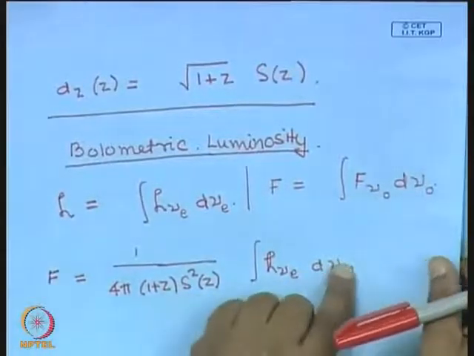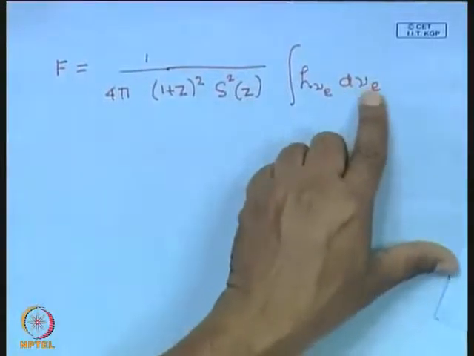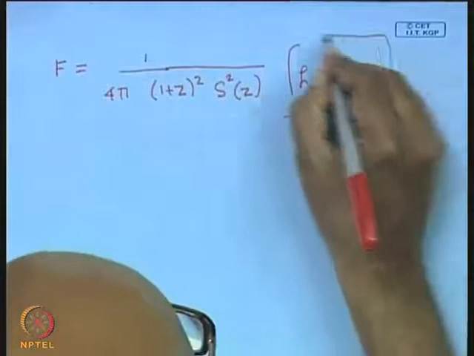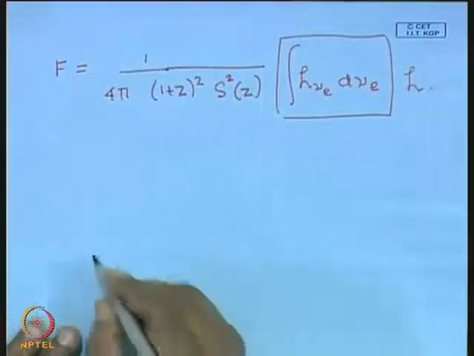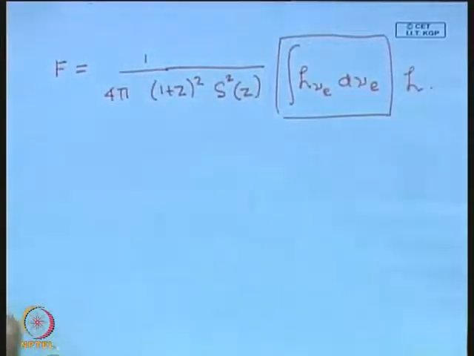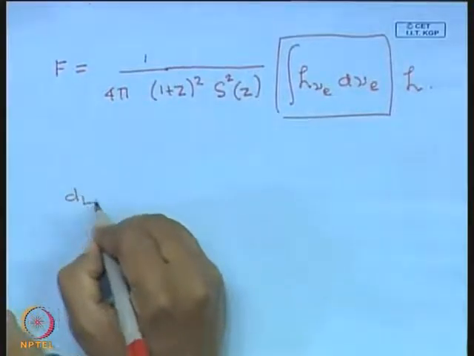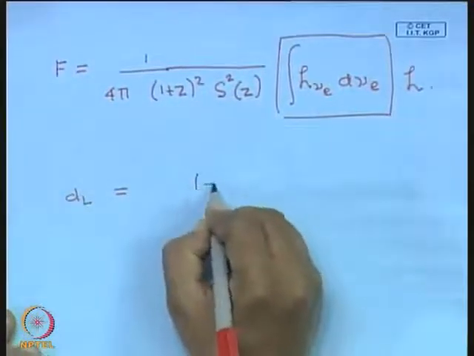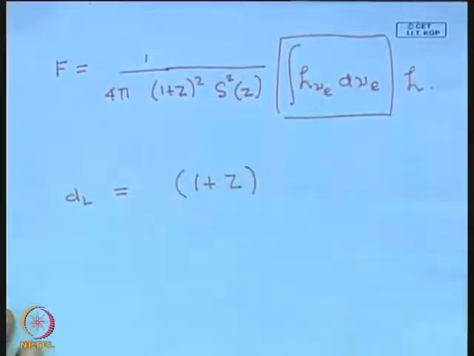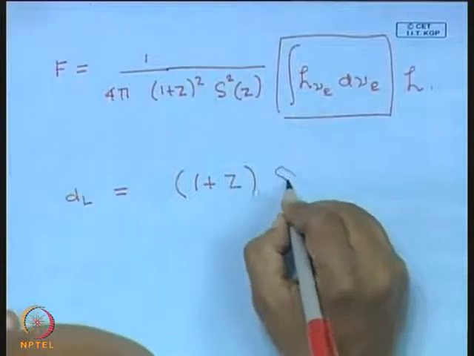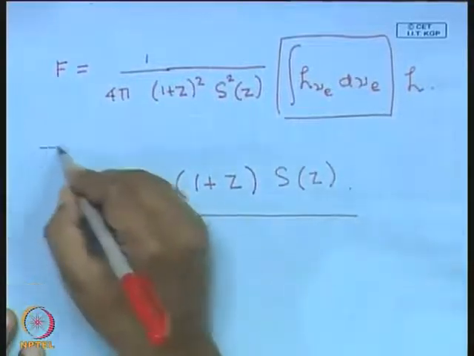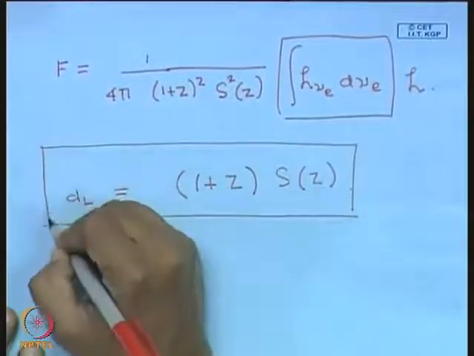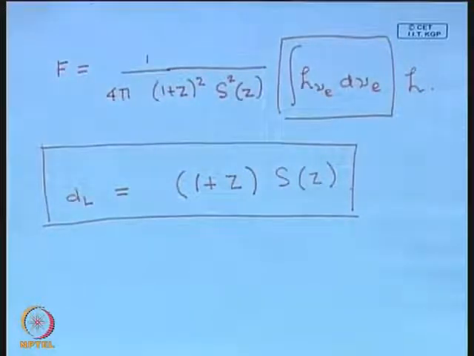If I multiply this with a factor of 1 plus z, this becomes d nu emitted, and this thing is the volumetric luminosity L. So we see that if you use the volumetric flux and the volumetric luminosity, then the luminosity distance is equal to 1 plus z into the square root.